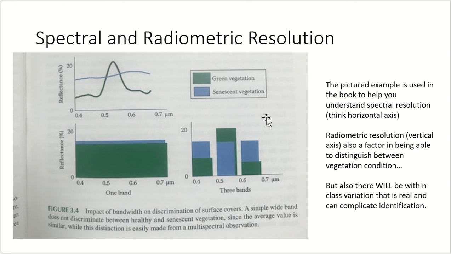So just think of that as a back-of-the-head kind of thought. But this figure, through the horizontal axis, refers to spectral resolution, and you can think about the vertical axis, the precision across that, as relating to radiometric resolution. It does a good job of showcasing those properties.